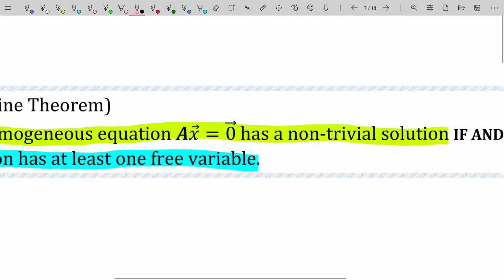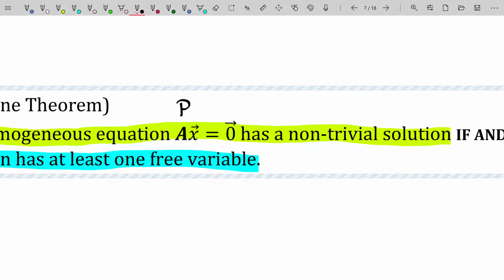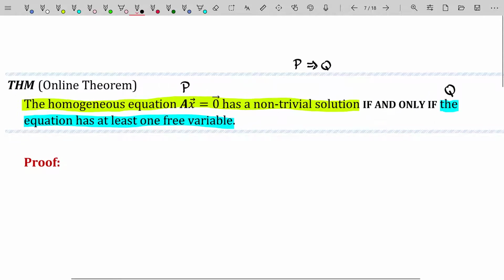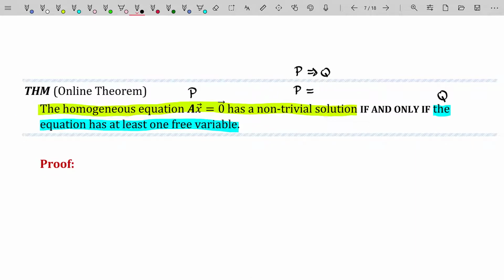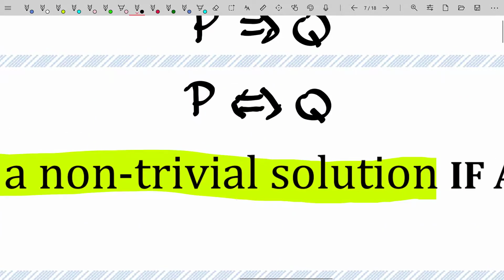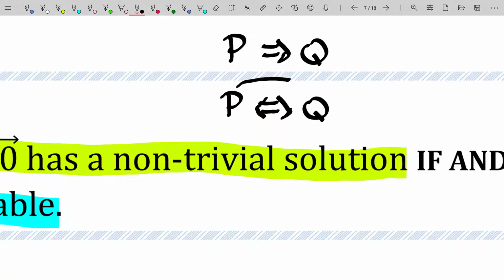The first of those statements I will call the statement P. The second of those statements I will call Q. Normally, with theorems, we often see they're written as if P, then Q, and you would write it this way. With bijections, which is what you're looking at here, it's an if and only if. And so you write that as P has this bijection or double arrow Q. It goes both ways. If P is true, then Q is true. If Q is true, then P is true.